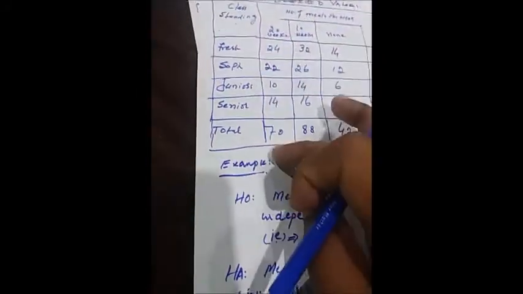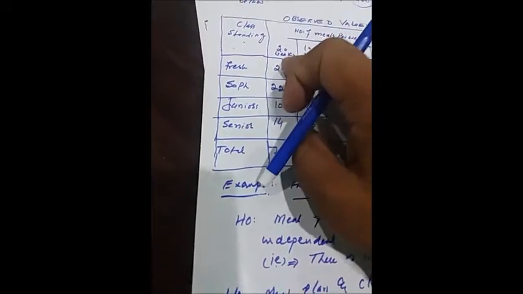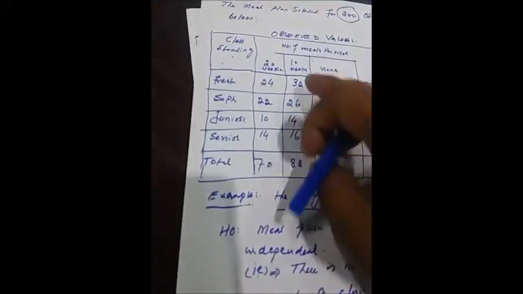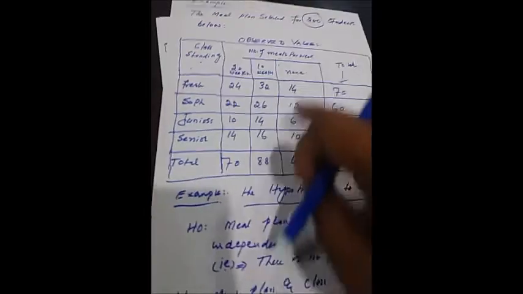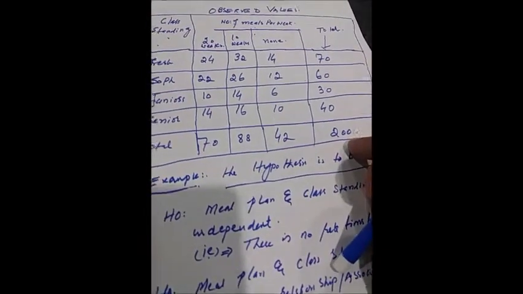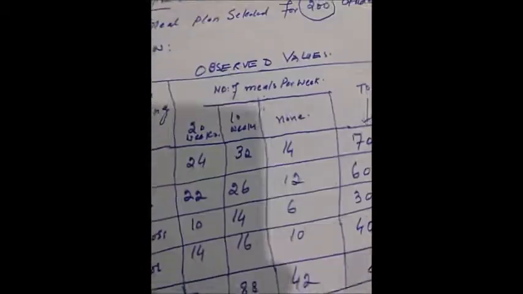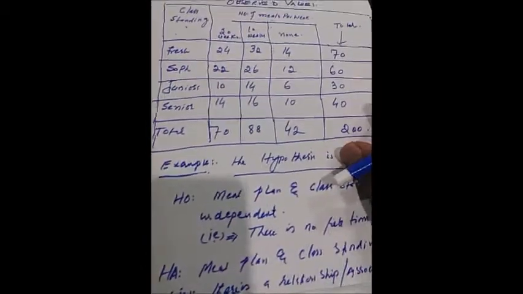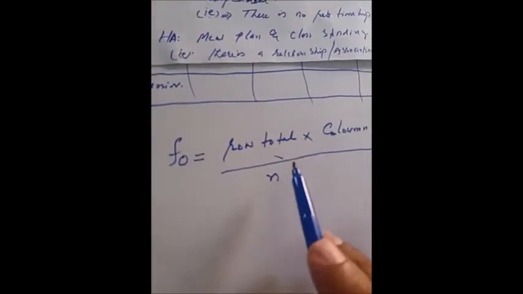In the column totals, for 20 weeks 70, for 10 weeks 88, for none 42, total 200. Now as per the formula, row total multiplied by column total divided by n.